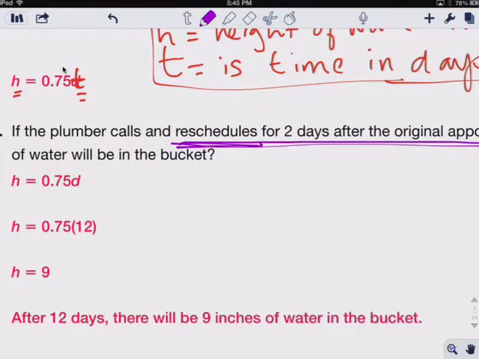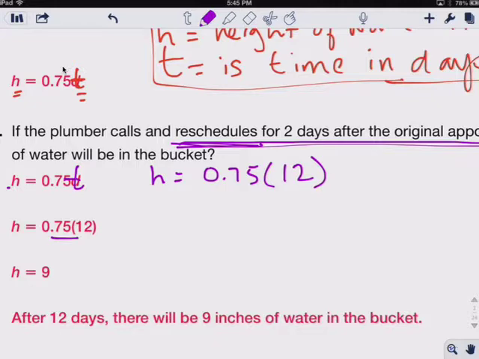So basically the height is equal to 0.75 times 12, because for T here, initially he said 10, but they come back and do not fix it, and you gave 2 more days, so that's now 12.